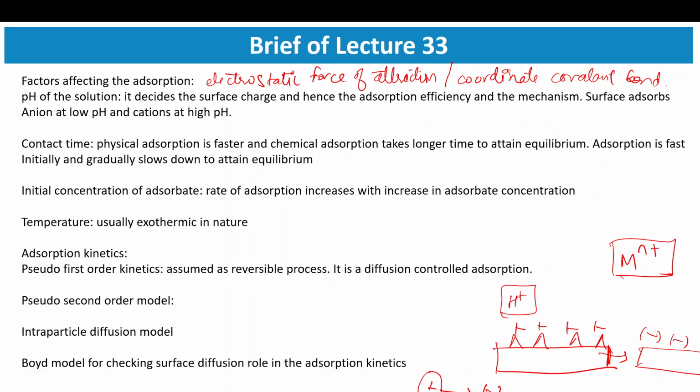Now let's say you want to remove a pollutant with an Mn+ charge. Since this is a cation, for electrostatic force to prevail, you need your adsorbent to have negative charge. So as the negative charge increases, your efficiency will increase. That is how the pH of solution affects the removal process.